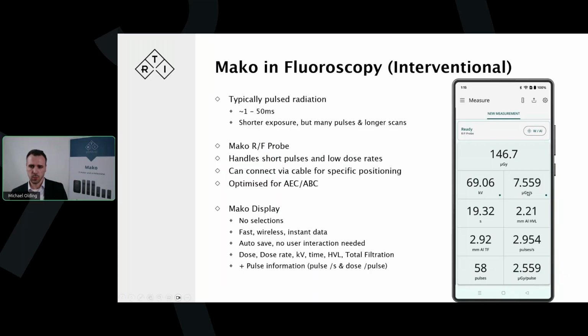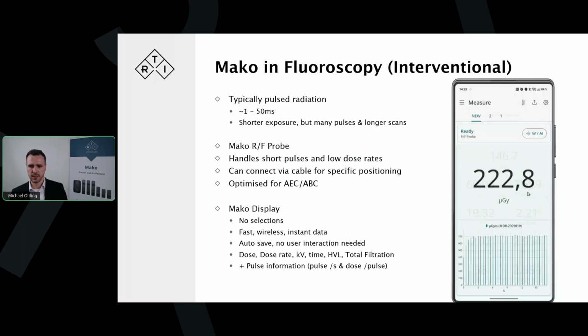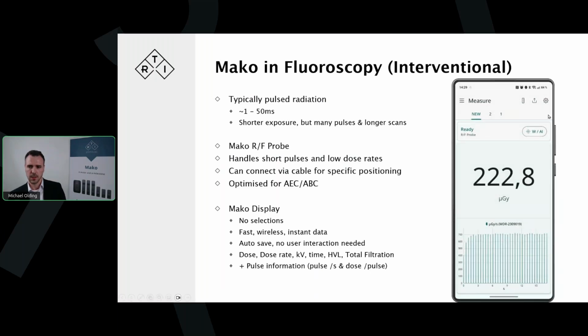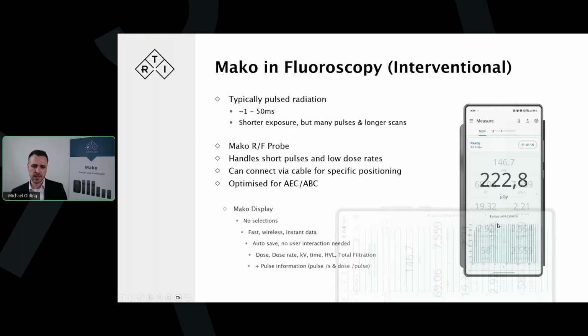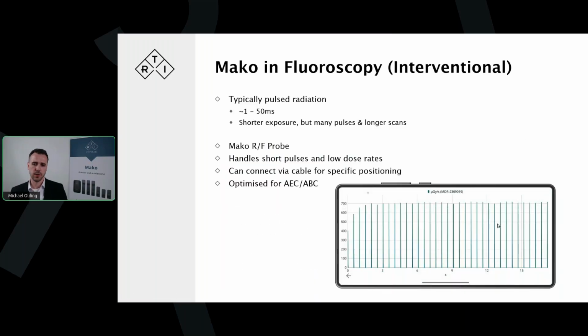So if we wanted to see the waveform of this exposure, we simply select the dose or the dose rate value, which will enlarge, and then we'll see the waveform. So we simply click again, we'll go into landscape view in the display, and here we can see a representation of the entire waveform of the exposure. So then we can do some simple qualitative assessments here.